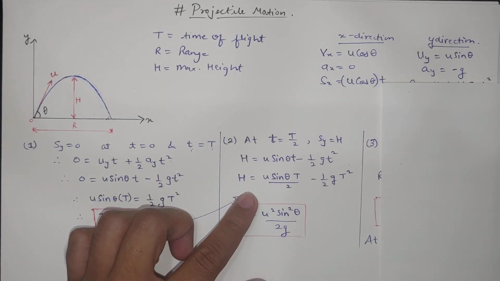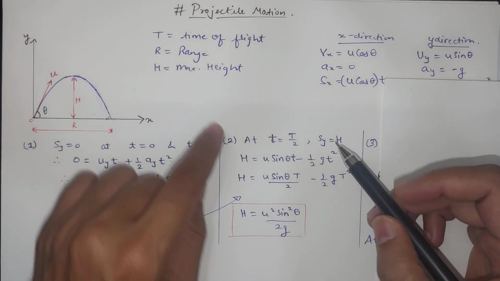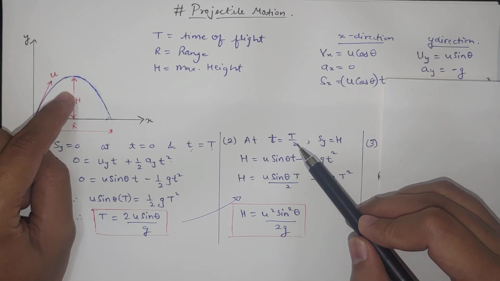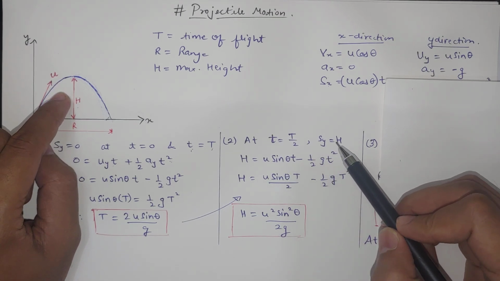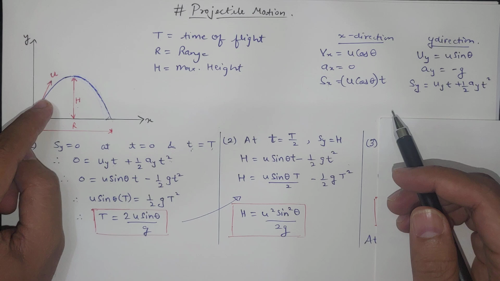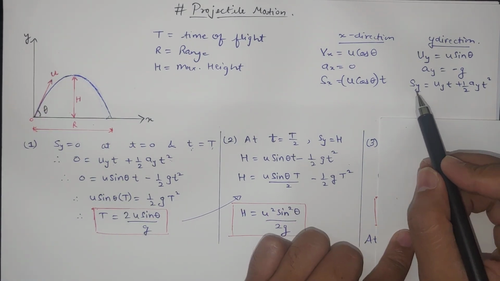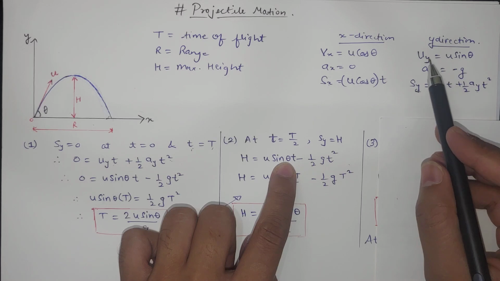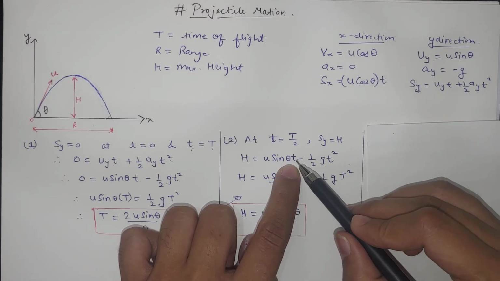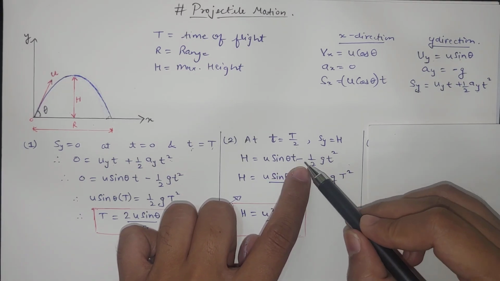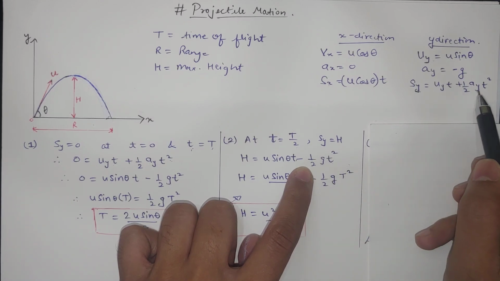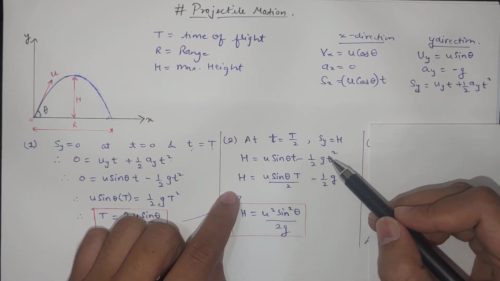If we want to calculate the maximum height, we know that it occurs at t equal to T by 2. At that point sy will be equal to h. So h equals u sin theta times T by 2, minus half into g into T by 2 squared, where ay is minus g.